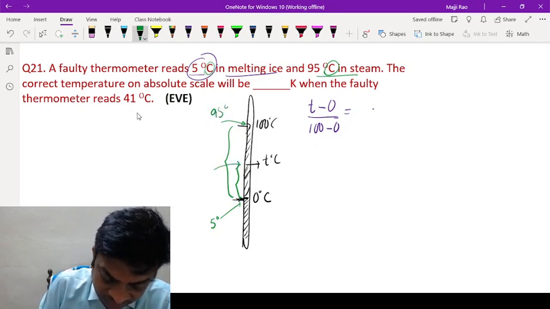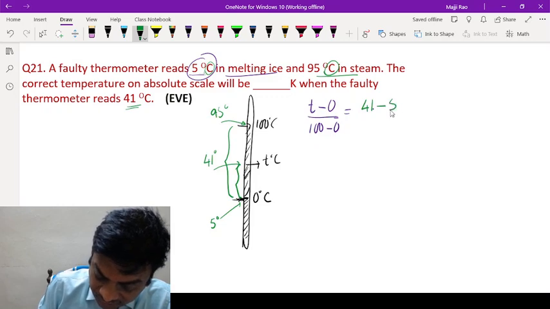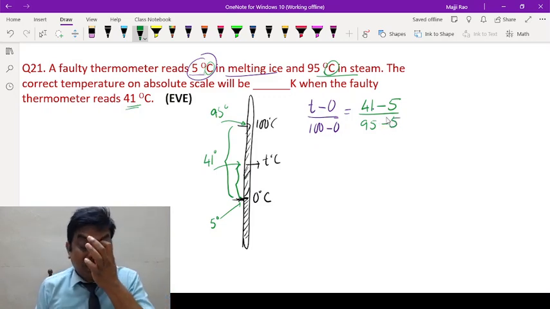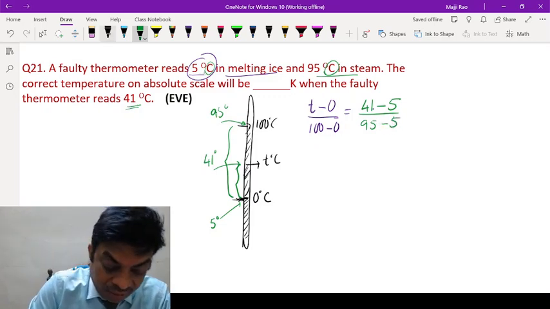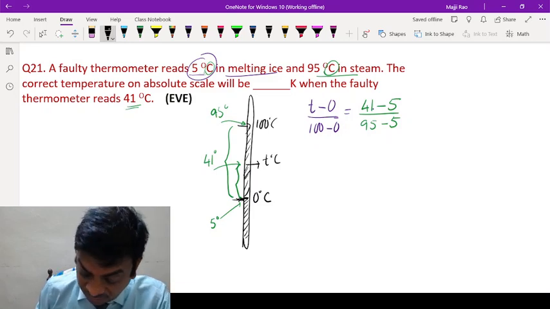And at a certain point of time, it is measuring 41 degrees. So the temperature is 41 and the temperature of melting ice is 5. This is 95 minus 5. This is how we calculate any unknown temperature even with a faulty thermometer.